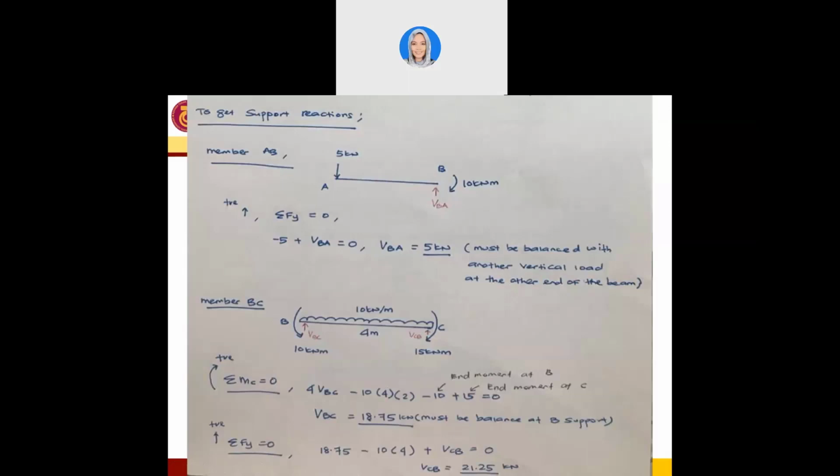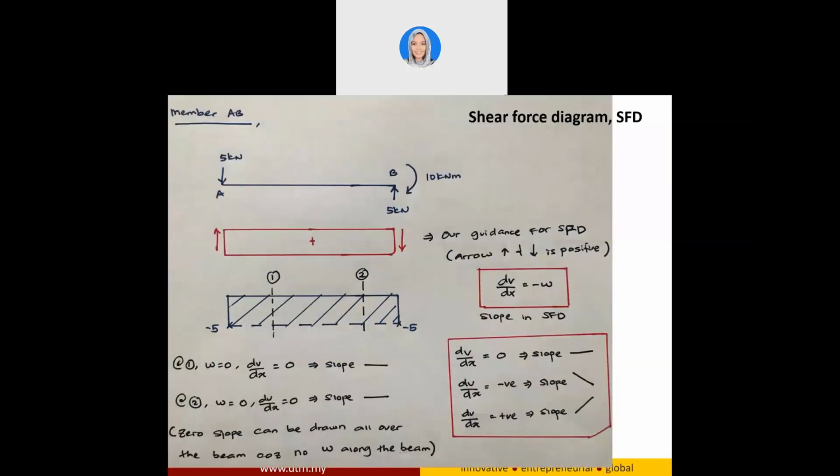For the first method, in order to draw the shear force diagram, I look first into member AB. From our calculation, for member AB we have the external force on the cantilever part at A, 5 kilonewton pointing downward, and from the support reaction, the equilibrium of the member, we got 5 kilonewton pointing upward here.